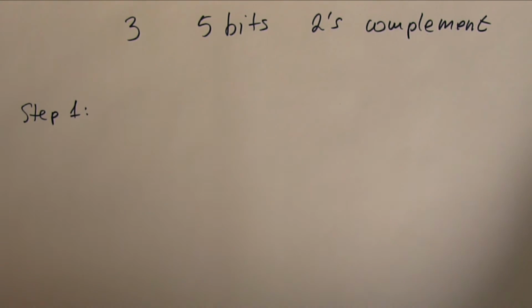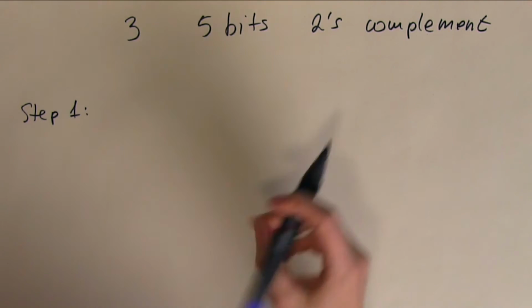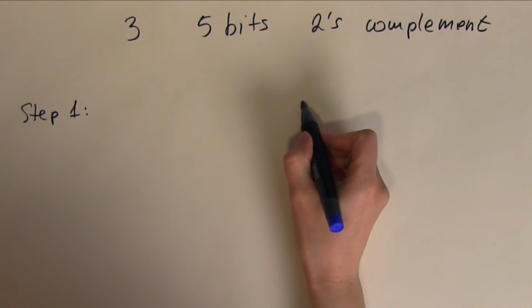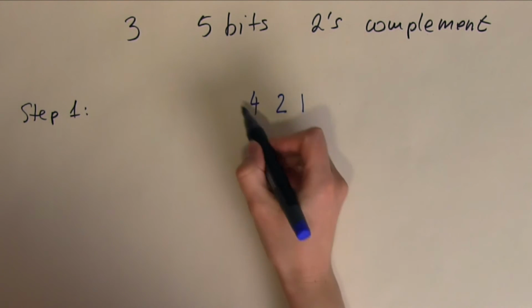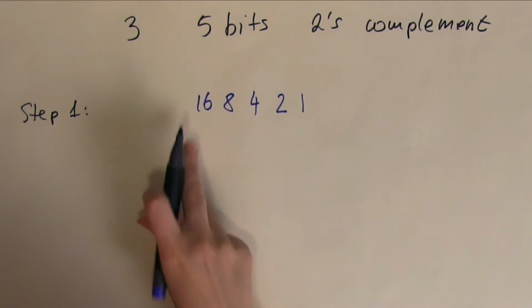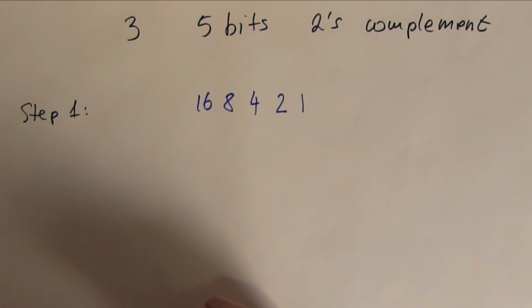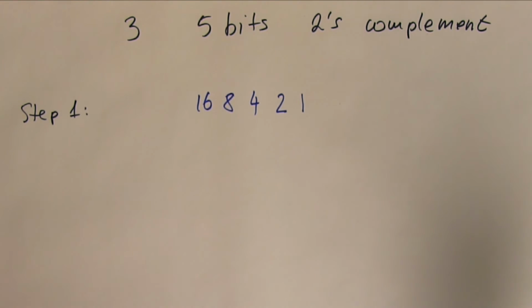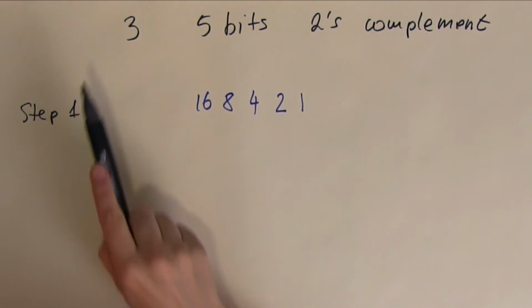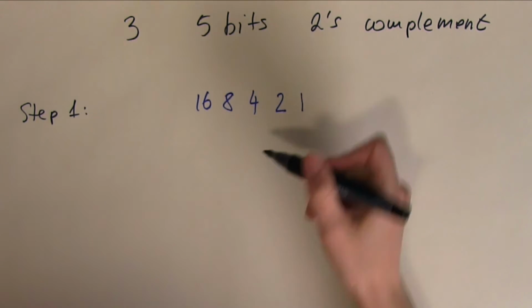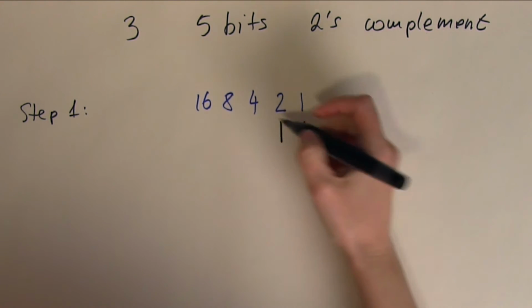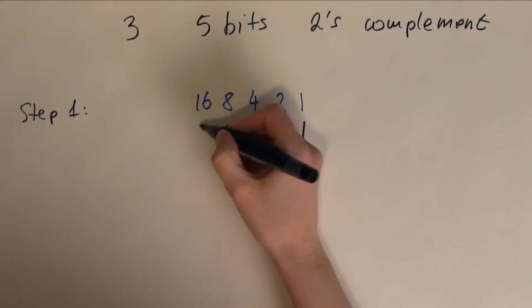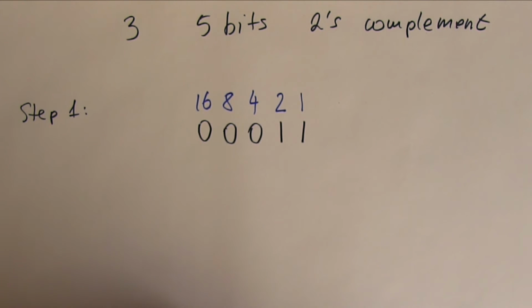Now we're using 5 bits, so I need to place the 5 place values: 1, 2, 4, 8, 16. So 1, 2, 3, 4, 5 place values. Then the next thing I need to do is decide which of these 5 place values I need to use to build up the 3. Well, 3 is 2 plus 1, so the rest of them I'm going to fill in with zeros.